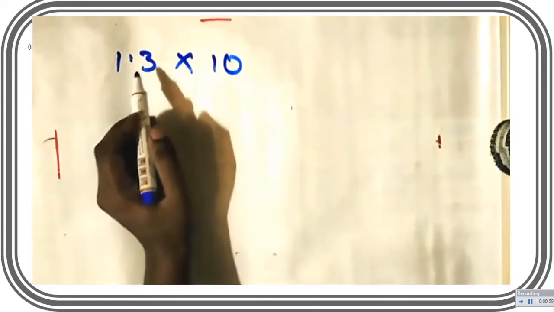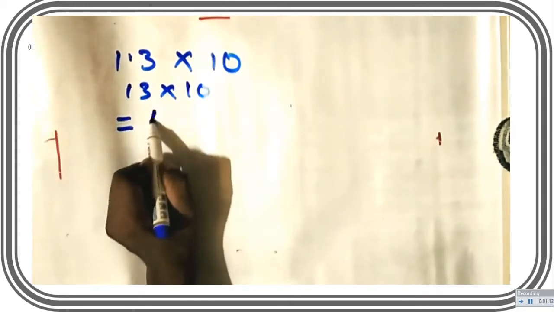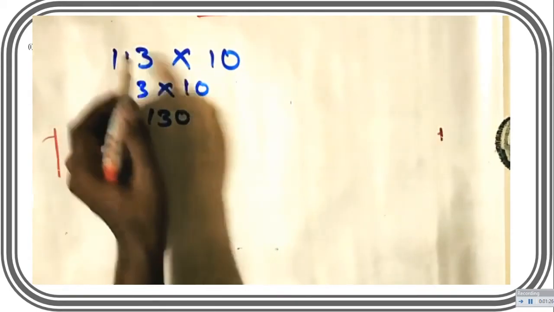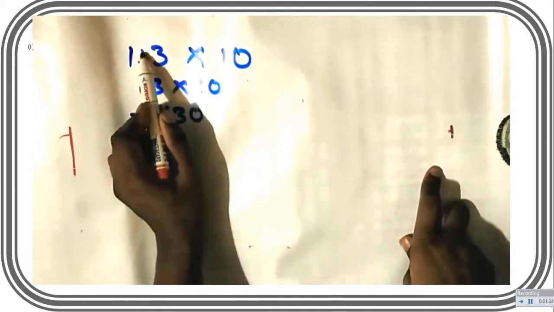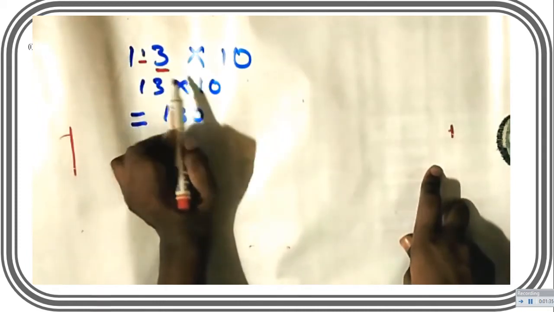If you have doubt in decimals, remove the decimal point. When we remove the decimal point, our number becomes 13 multiplied by 10, which means 130. Yes or no? When we multiply 13 with 10, we get 130. Now the question arises, how will we put the decimal point? Now see carefully. After the decimal point, how many numbers are there?